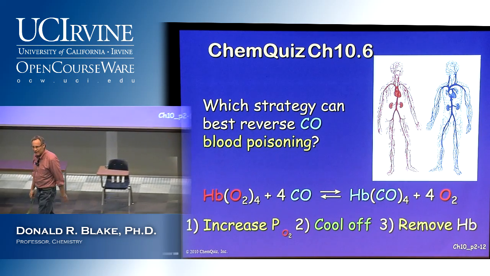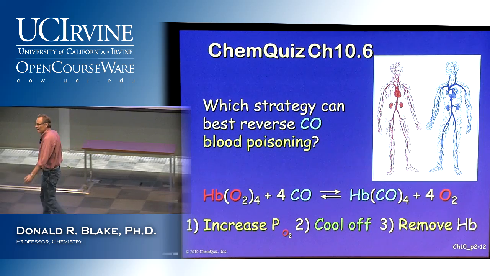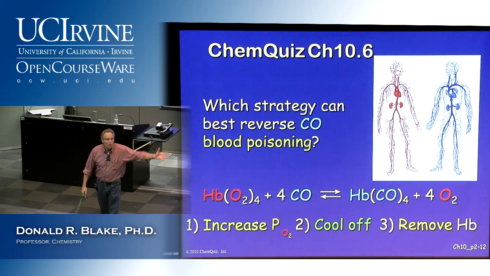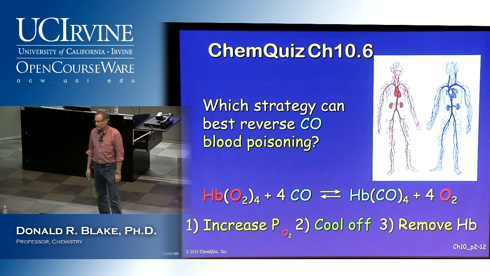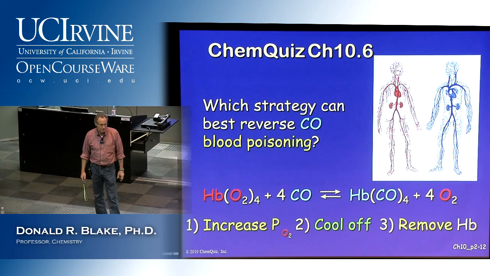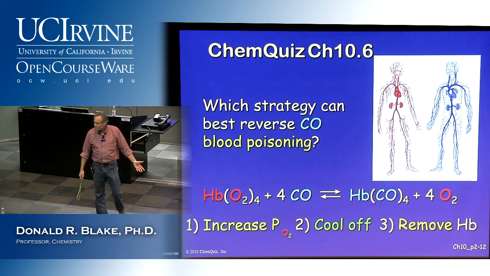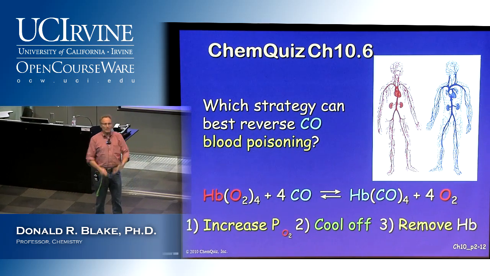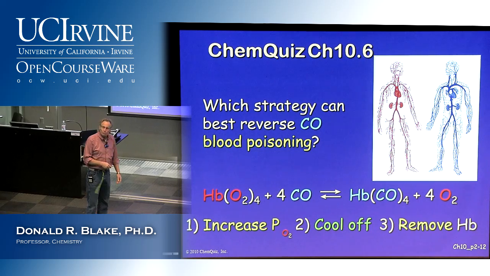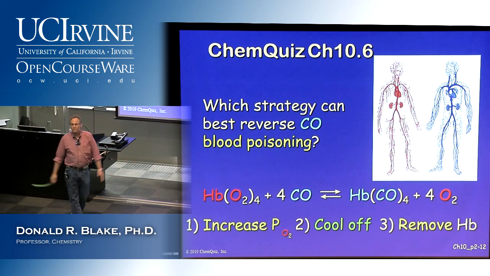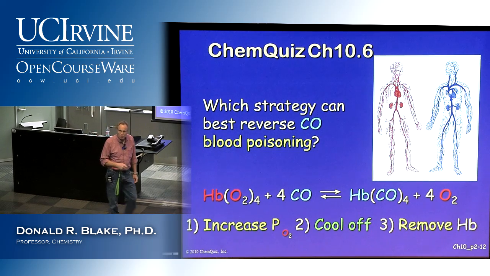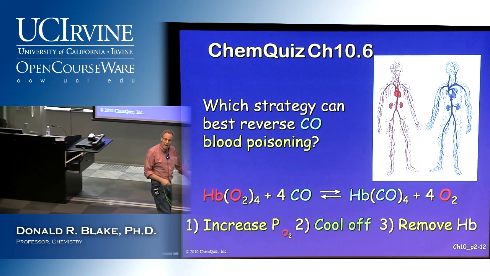Cyanide is a really bad one. It bonds to hemoglobin not quite irreversibly, but really, really well. That's how we kill people in gas chambers. You drop some potassium cyanide in water, out comes cyanide, and it grabs onto the hemoglobin. It's almost irreversible with cyanide. Fortunately with CO, it's not.